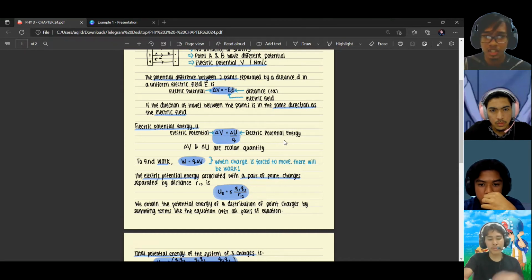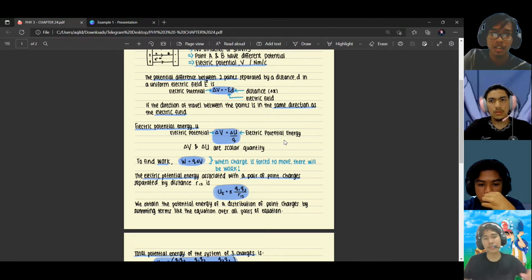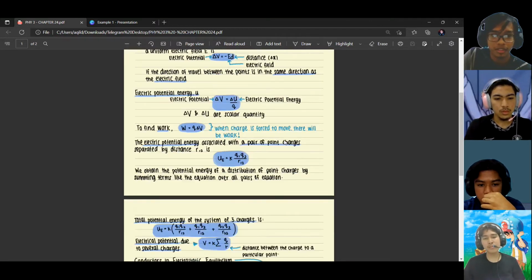Delta V and delta U are scalar quantities, so they have just magnitude, not direction. Okay, to find work: when a charge is forced to move, there will be work. So work can be defined as W equal to q times delta V, where q is charge and delta V is electric potential.